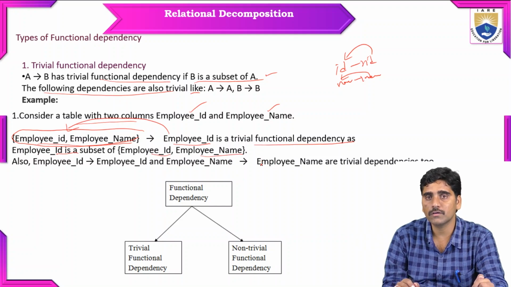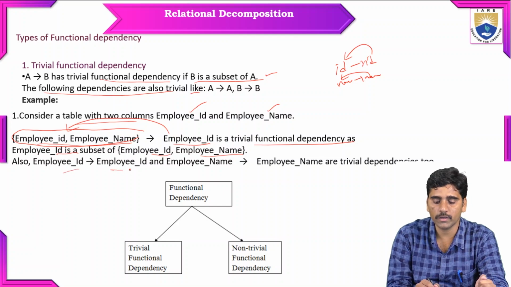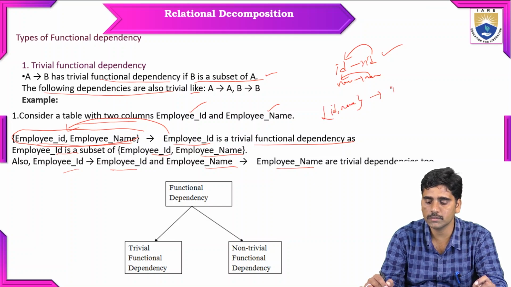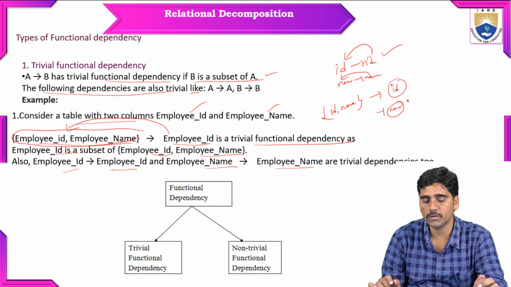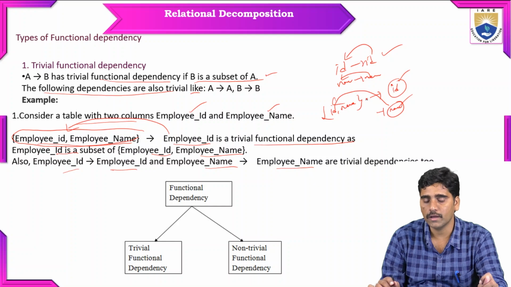And also employee ID tends to employee ID is a trivial functional dependency, and employee name tends to employee name is also a trivial functional dependency. So a subset of ID comma name is depending, and similarly name is also depending. So at this moment we can say that the ID or name are trivially functionally depending on other attributes.